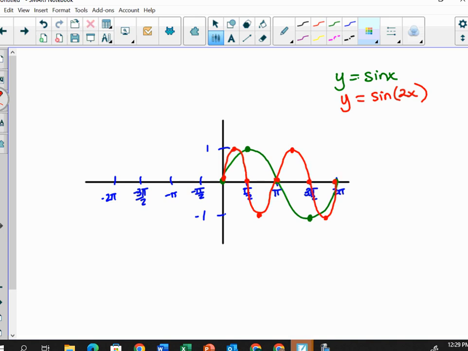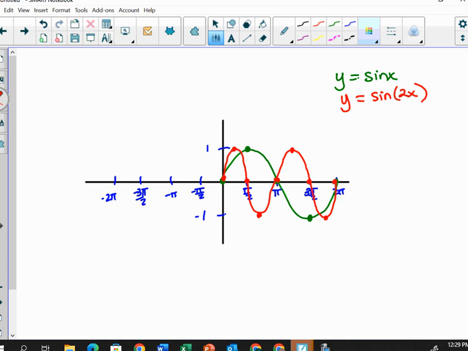What we're doing, the way we're graphing it, is we're going to zoom in and just look at one cycle of the graph. That's why we're only graphing up to pi. The 2 here tells me I would see 2 cycles of the graph by the time I got to 2 pi.